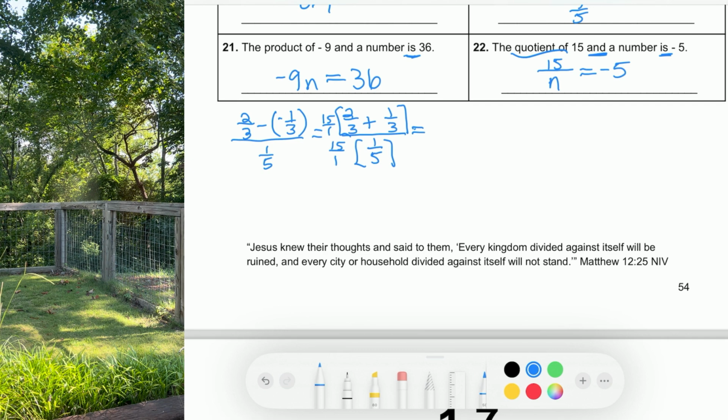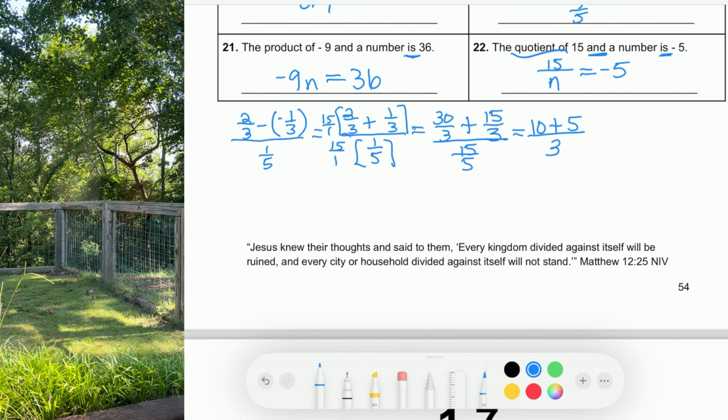15 times 2 is 30. 1 times 3 is 3. 15 times 1 is 15. 1 times 3 is 3. 15 times 1 is 15, and then 1 times 5 is 5. We still have fractions within fractions, but watch what happens now. 30 divided by 3 is 10. 15 divided by 3 is 5. 15 divided by 5 is 3.